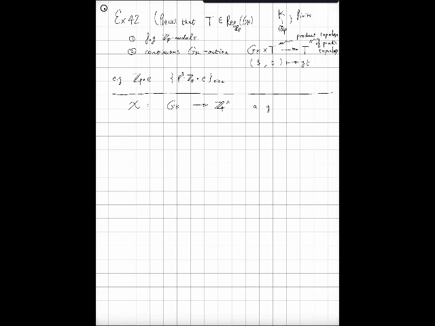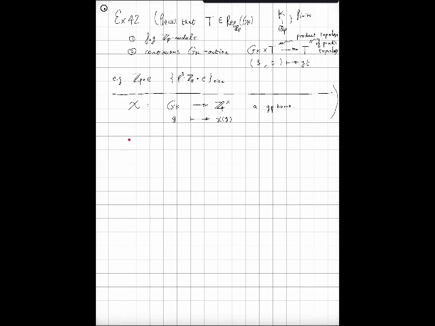We say it's continuous if it is a continuous function, where on the right-hand side we have the p-adic topology and on the left-hand side the profinite topology.